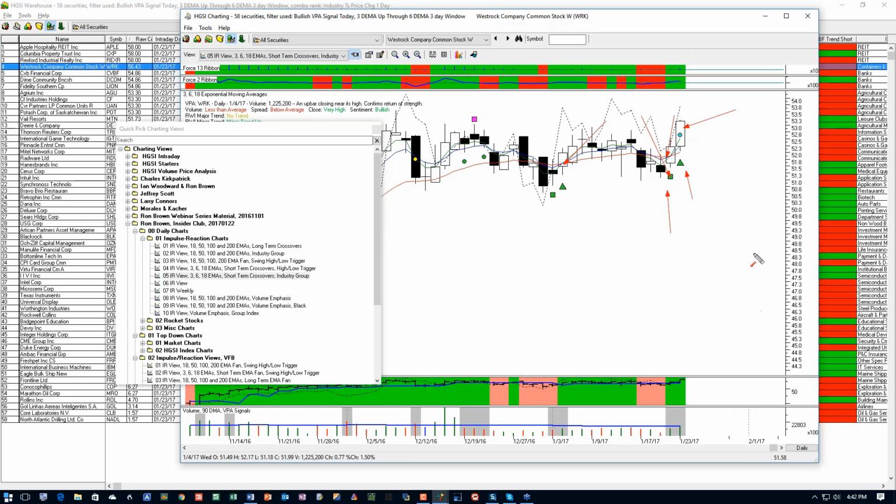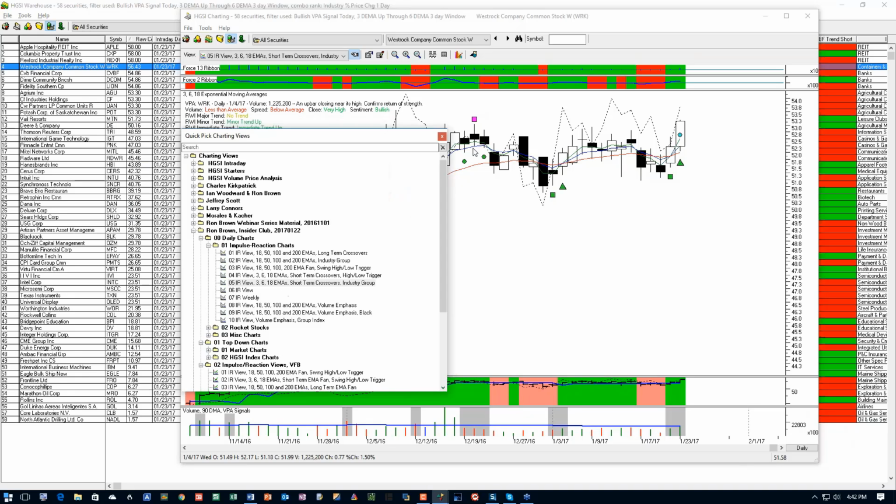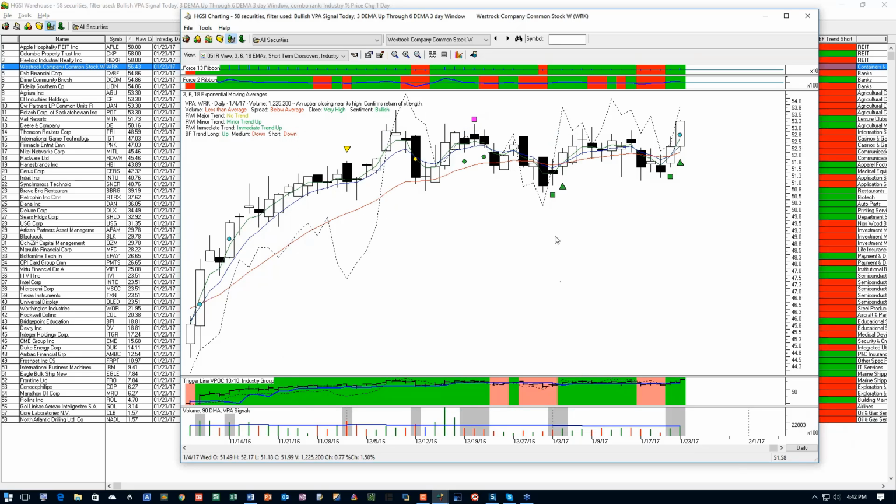These VPA flags, they don't always work, but boy, they certainly work enough, more than enough, to be extremely valuable when we combine them with moving average crossovers and long-term trend lines. It just gives us a lot more insight into what's happening.